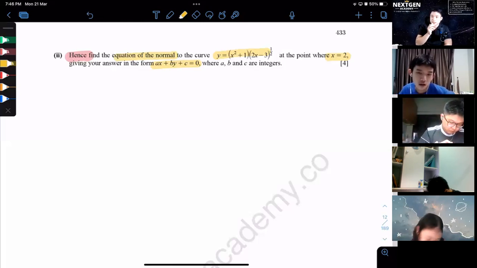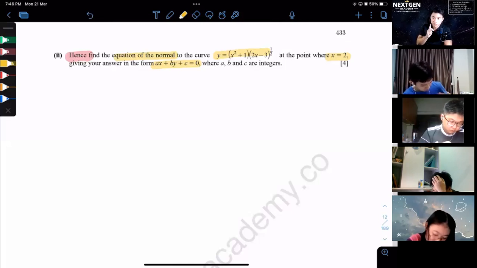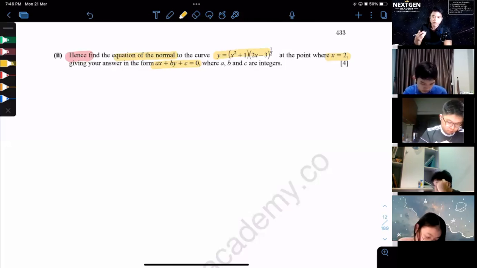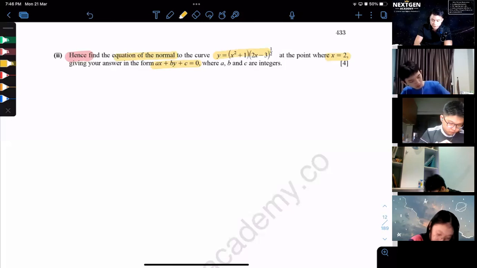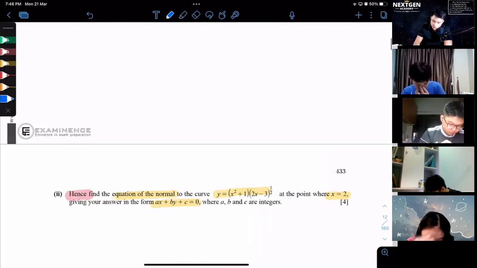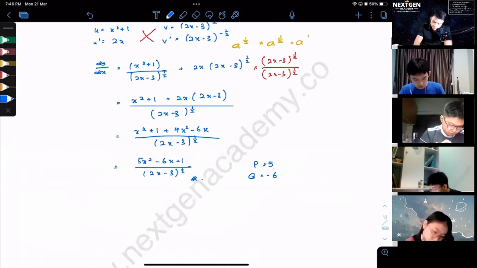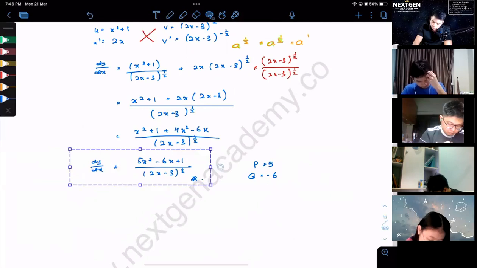Okay, so same thing as the first question, just that we got one more extra part, which is to find your gradient of the normal, where m1 times m2 is equal to -1, or we can just use the times negative, then inverse it. That's all. Very, very simple. So just now we found your dy over dx. I'll just duplicate to bring it down.